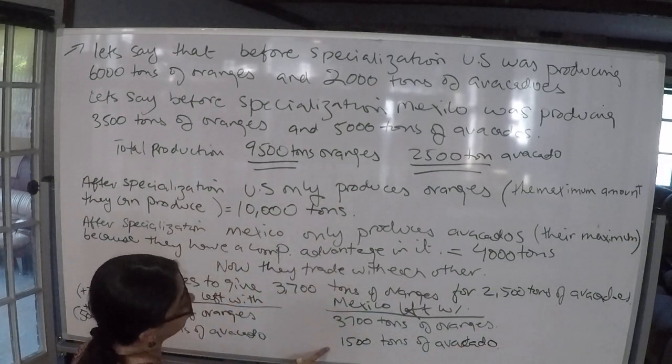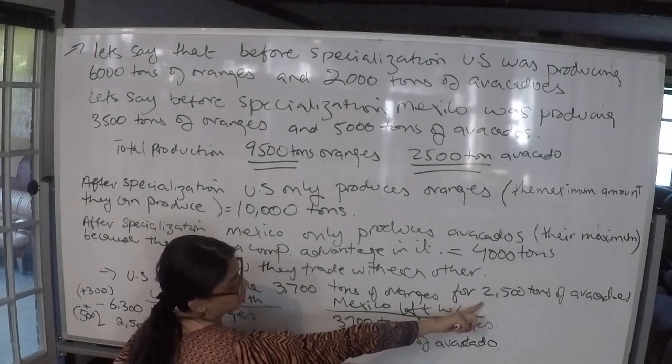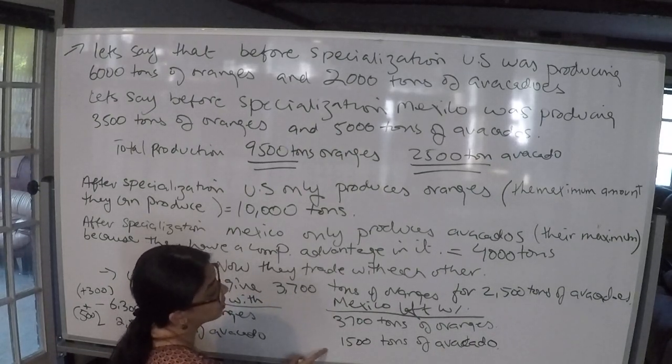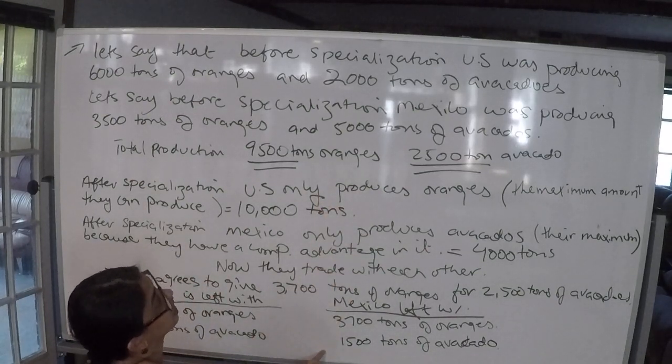They grow 4,000 tons of avocado, but they gave 2,500 tons of it to US, so they're left with 1,500 tons of avocado. So what's the gain for Mexico before specialization and after specialization?